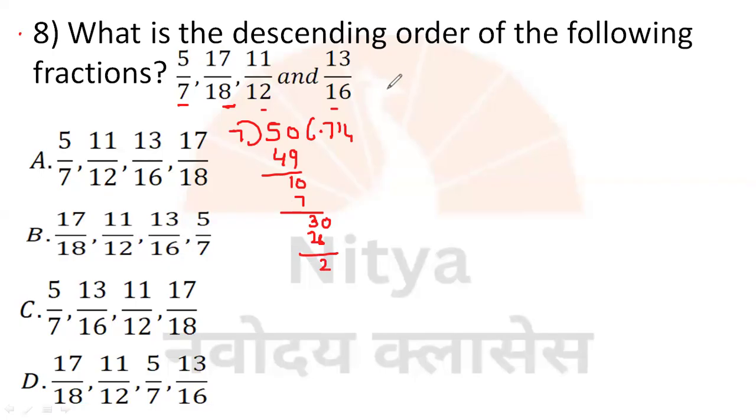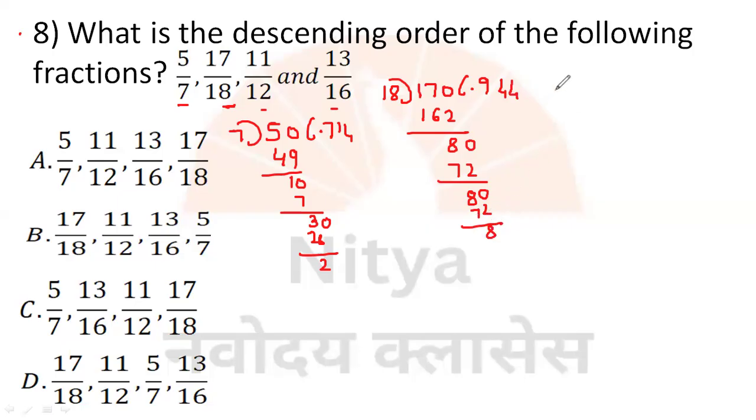Okay, again check, that is 17 by 18. You have to divide. So 18 and 17, and point. 17 is smaller than 18, so you have to take point and 0. 18 nines are 162. 170 minus 162 is 8. Again take a 0, and 18 fours are 72. 80 minus 72 is 8. Again take a 0. That will be the same. Okay, so now divide 11 by 12.